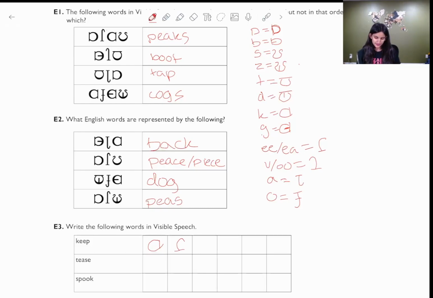And then we have the P sound, which is this. Now we have the T sound, which is this. The EE sound, which is, once again, this. And we have the Z sound, not S. We have tease, which is, sorry, my drawing is a little off, but tease.